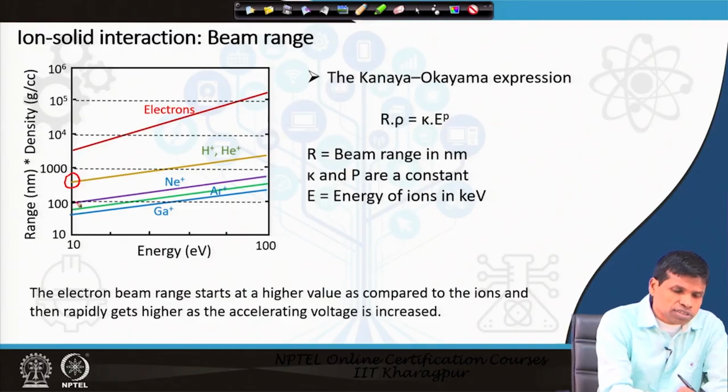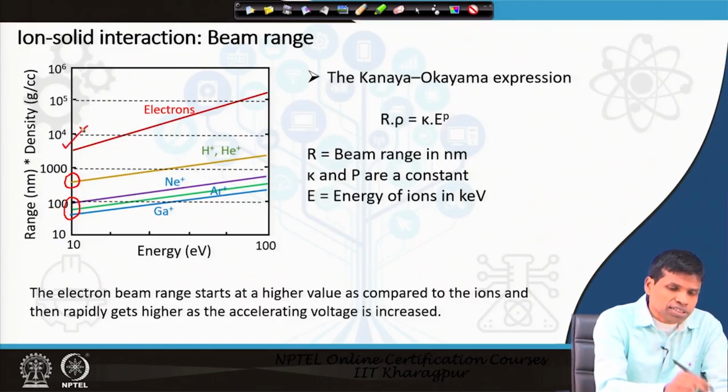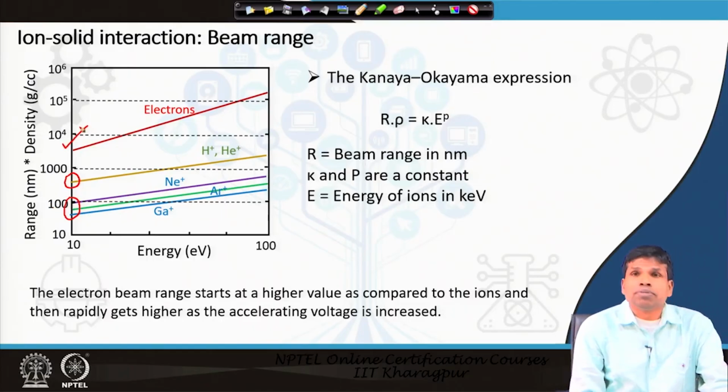It is even smaller with bigger mass ions as compared to the electrons, which certainly have a larger beam range. Electrons can penetrate much deeper into the specimen as compared to the ions.